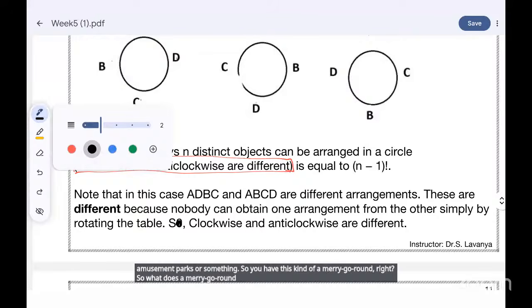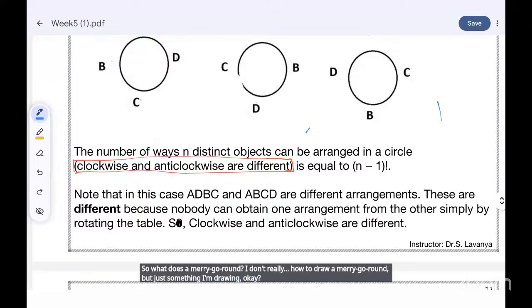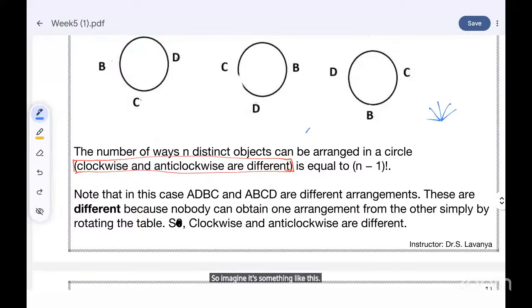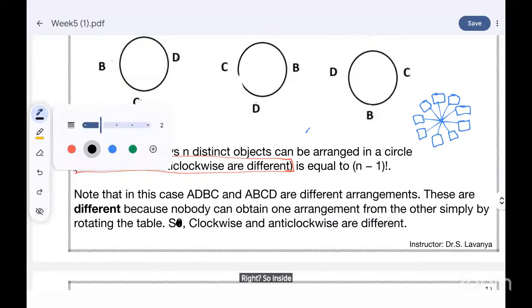I don't know really how to draw a merry-go-round, but I'm drawing something. Imagine it's something like this, or even a giant wheel you can imagine. So you have different positions here, and each of these is a seat. Inside this, people are sitting.